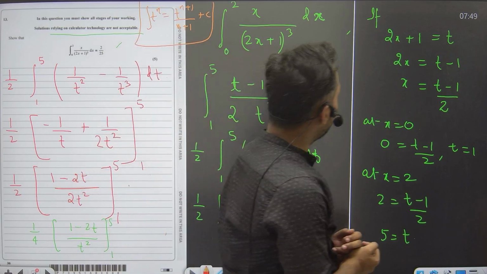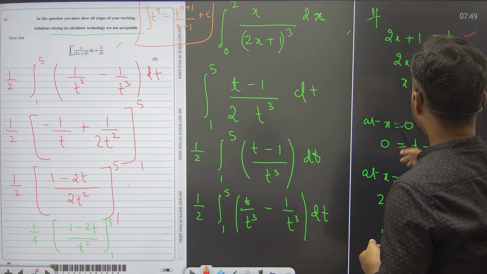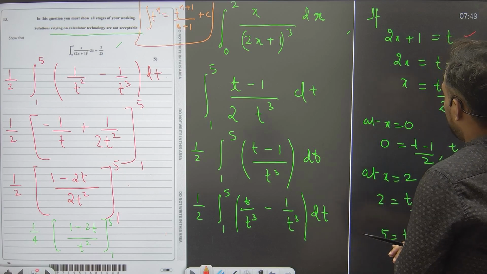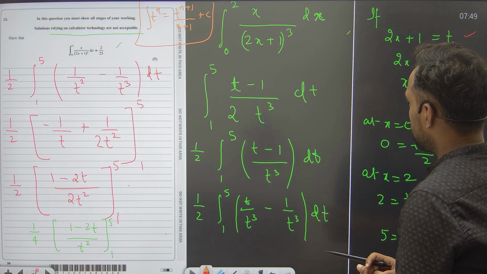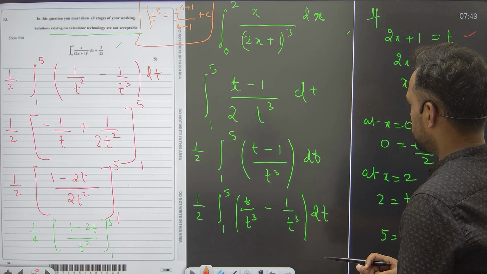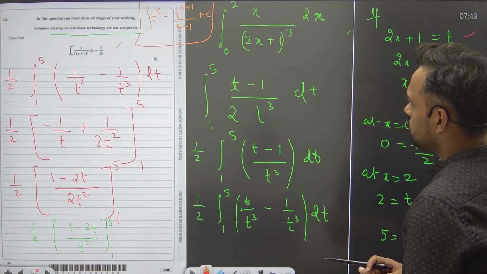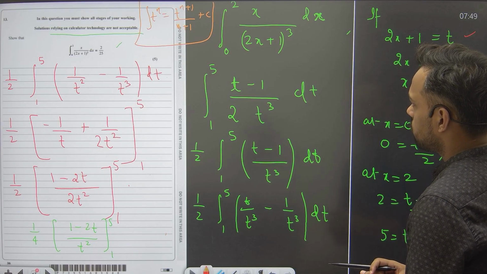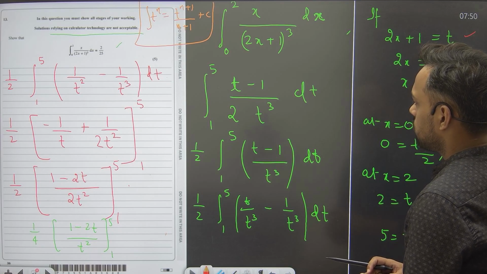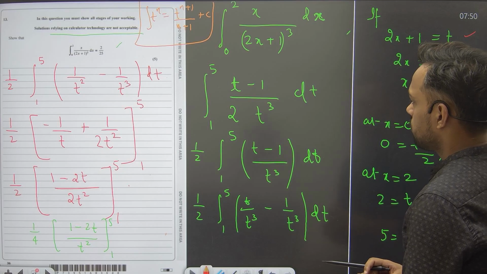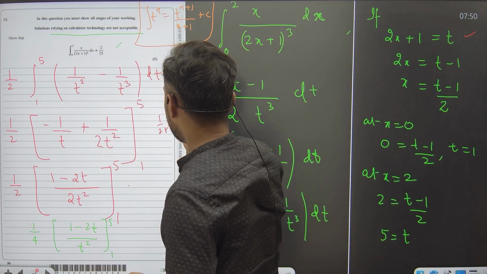I think I have done it correctly. 2x plus 1 equals t. 2x will be equal to t minus 1, x will be t minus 1 by 2. So here, if you see, you will get 1 by 2t square negative of 1 by t.